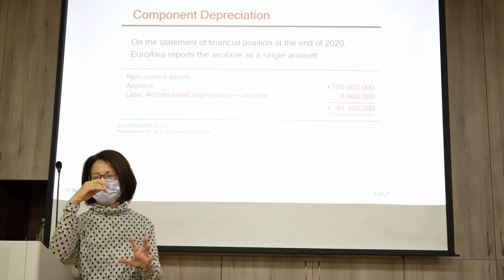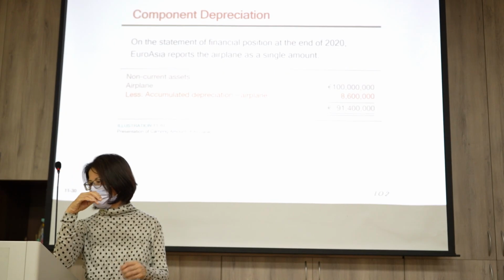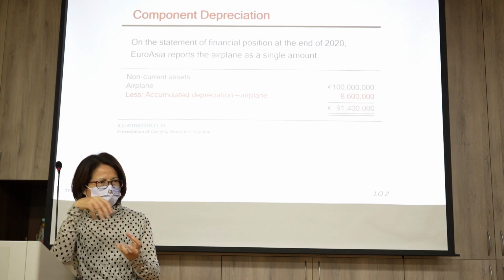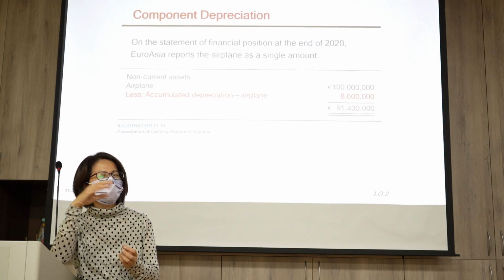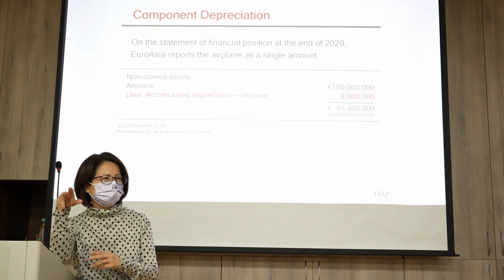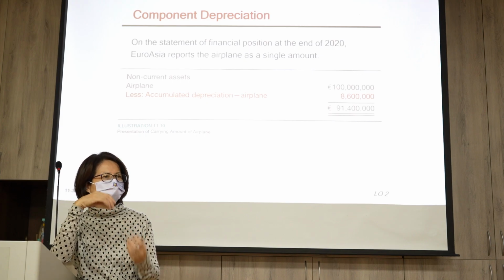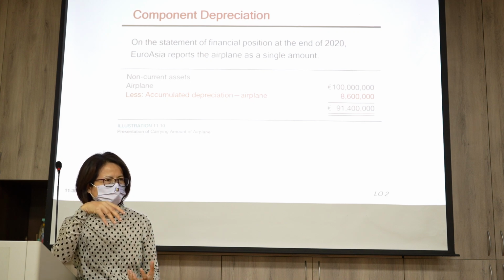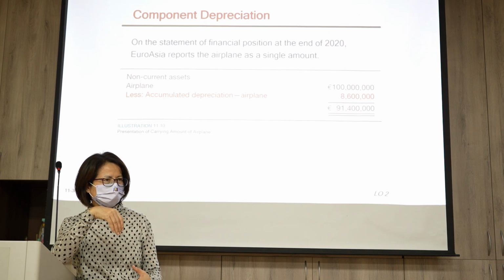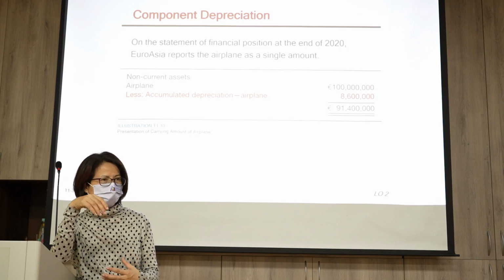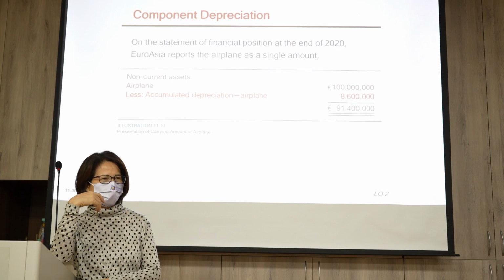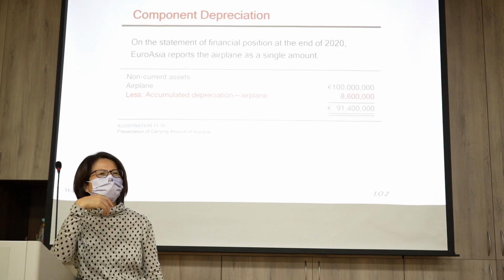So therefore, we temporarily use the accumulated depreciation to accumulate the depreciation moved, right? The first year you will have 100,000, and the second year you will have 200,000, and the net amount of the asset will be decreasing by 100,000 every year, until the end.